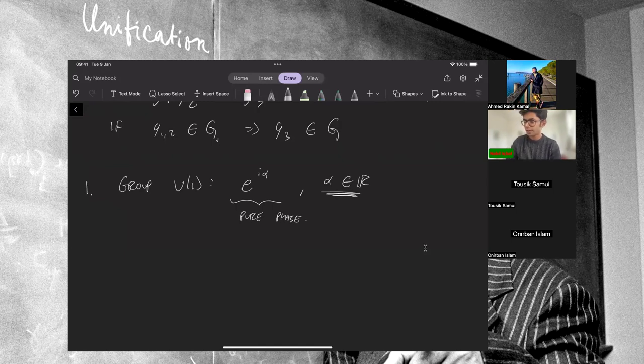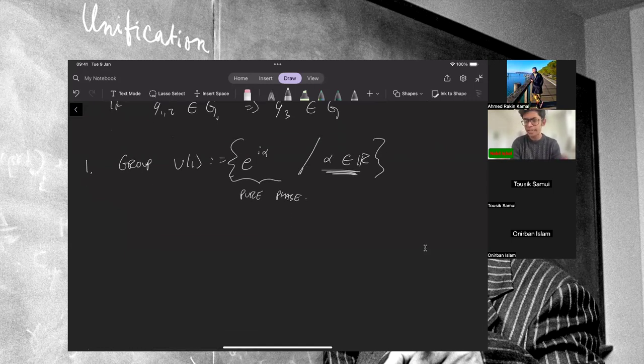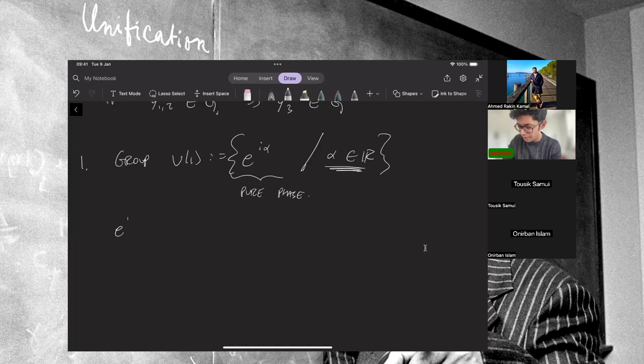The set of e to the i alpha, such that alpha is a real number, is the group U1. Let's check that it's a group. For it to be a group, we need a way to combine two elements to get another element. For us, this combination is just the product. You take two objects, e to the i alpha 1 and e to the i alpha 2, and multiply them together, and you get another object, e to the i (alpha 1 plus alpha 2).